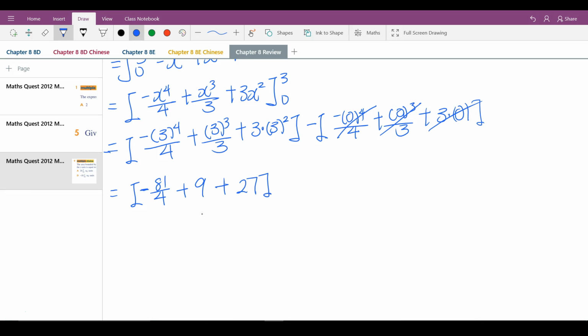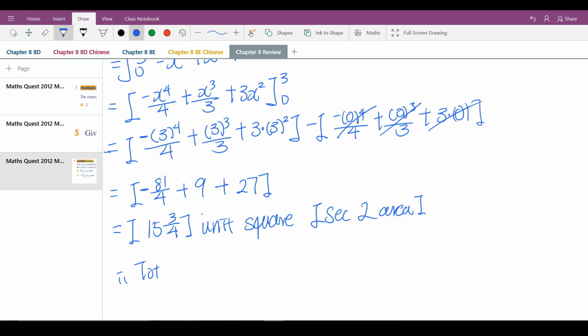Oh, there's a negative sign here, so don't forget about that. So that's all we got. Negative 81 over 4 plus 9 plus 27 gives you positive 15 and 3/4 units square. And this is the section 2 area.